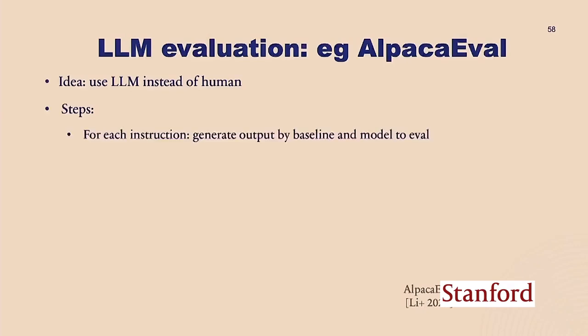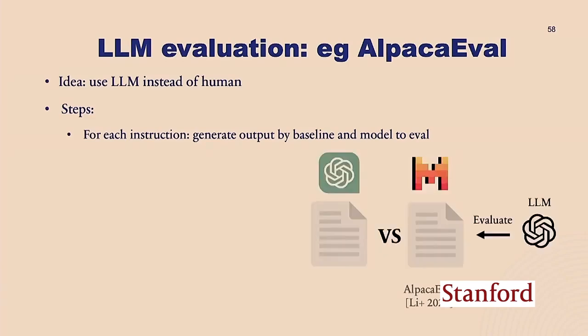So one simple idea is, again, as we said many times, just use an LLM instead of humans. You probably know the drill at this point. For every instruction, generate outputs by some baseline and the model that you want to evaluate. Here, imagine that I'm comparing an answer from ChatGPT and from Mistral.